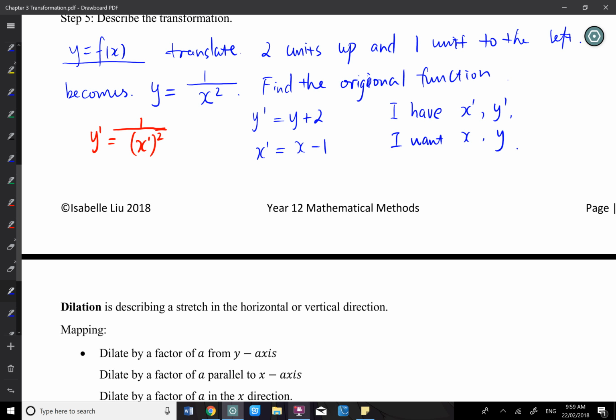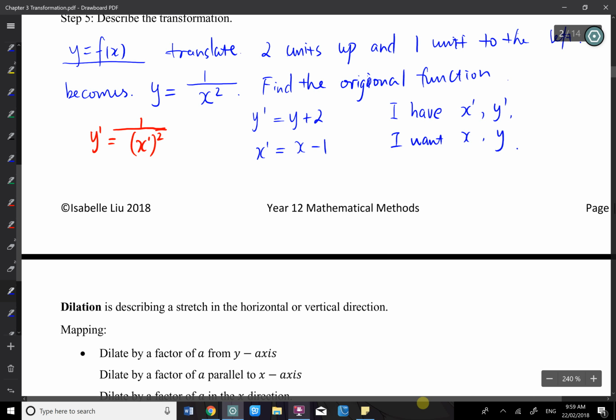I don't need to rearrange it. Just remember this: what you have, you make that the subject. So y plus 2 equals 1 over x dash, which is x minus 1, and then you square that. So y equals 1 over (x minus 1) squared, minus 2.